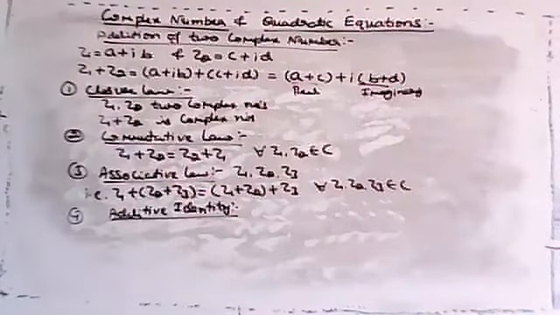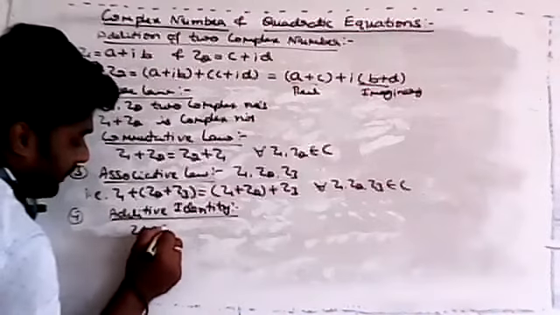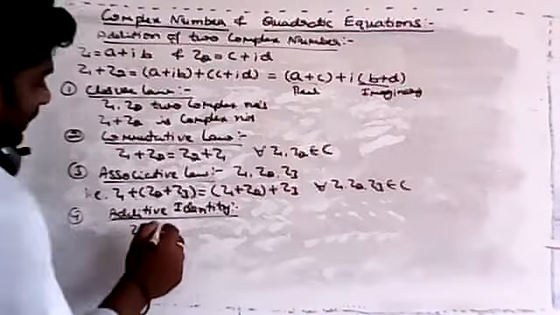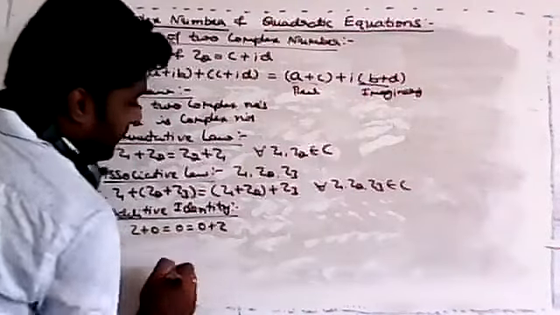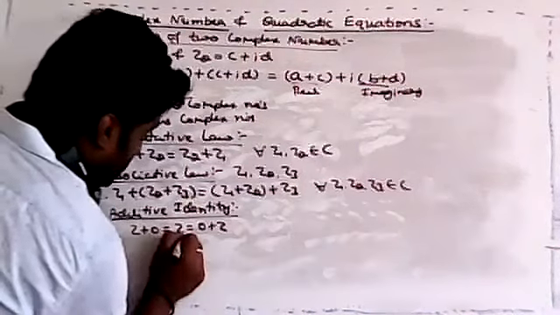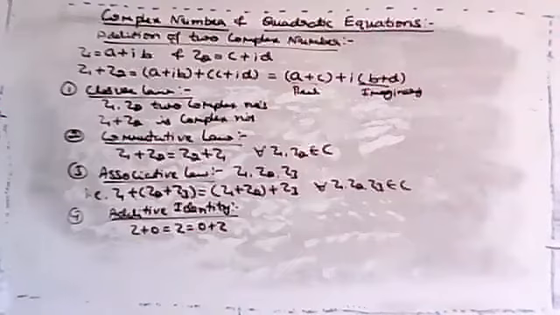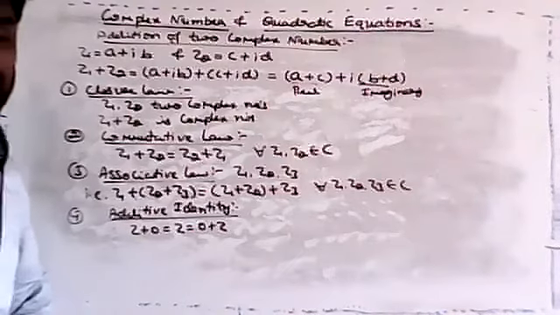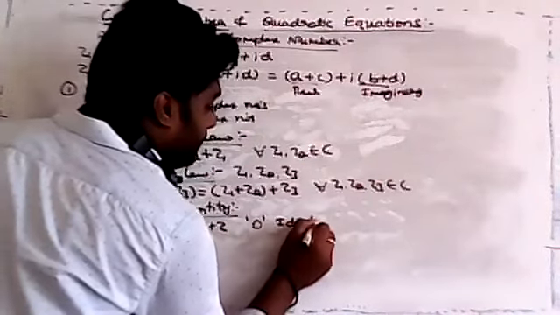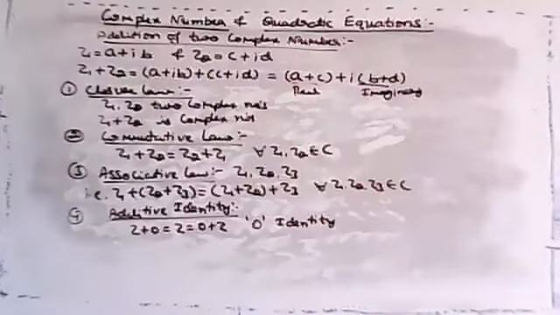We can write Z plus 0 is equal to Z, which is equal to 0 plus Z, where 0 is the additive identity. Correct? That is the additive identity.